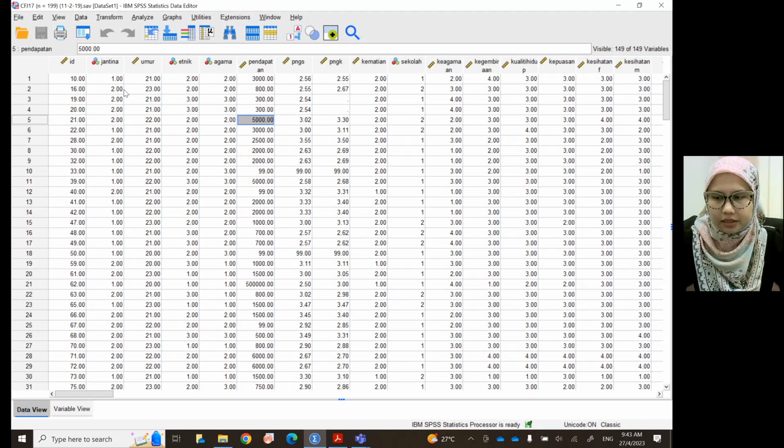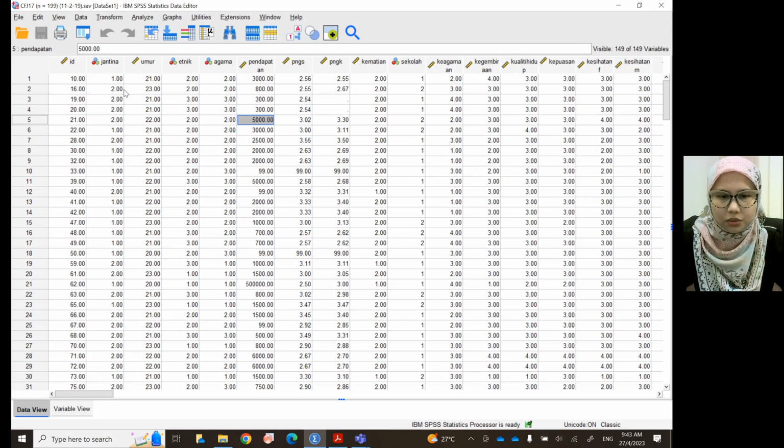once you get back your questionnaire that you have distributed to your respondents, you obtain the data.